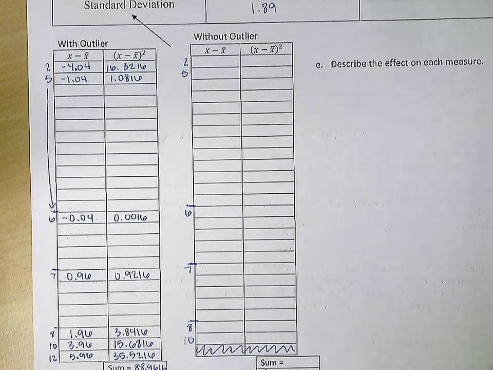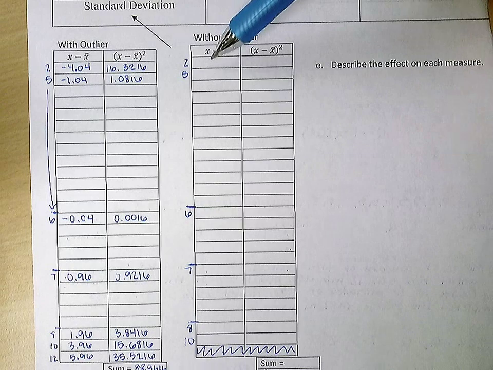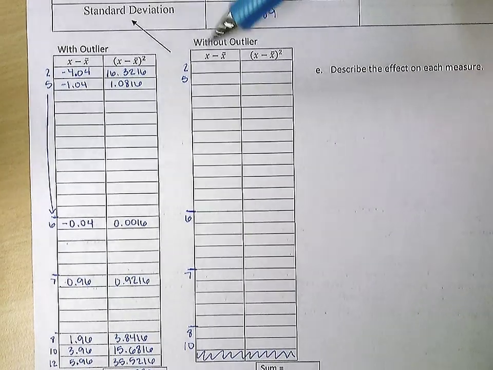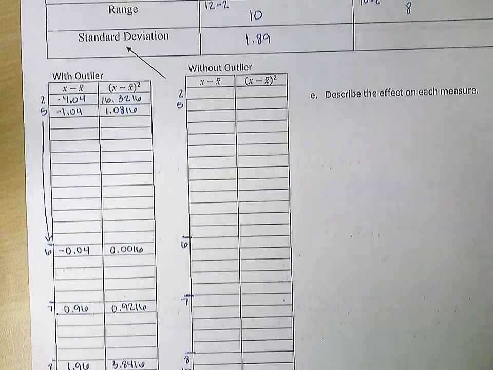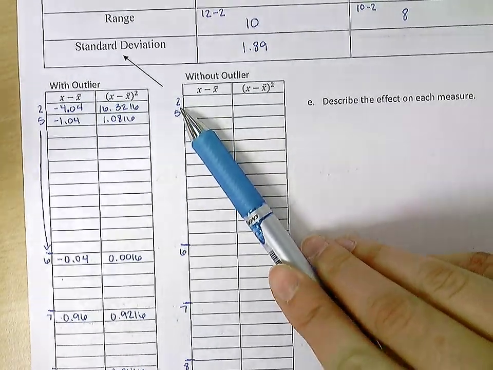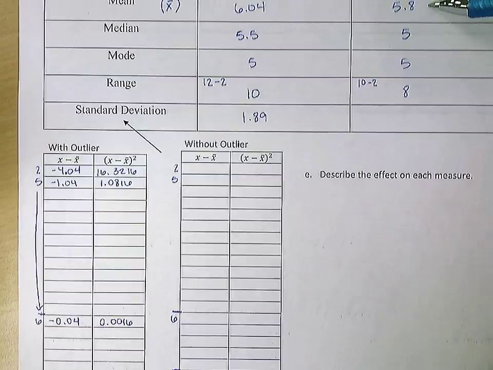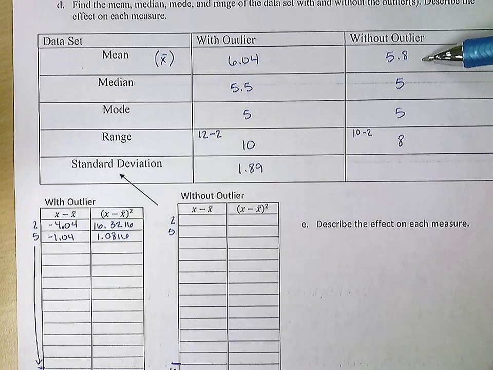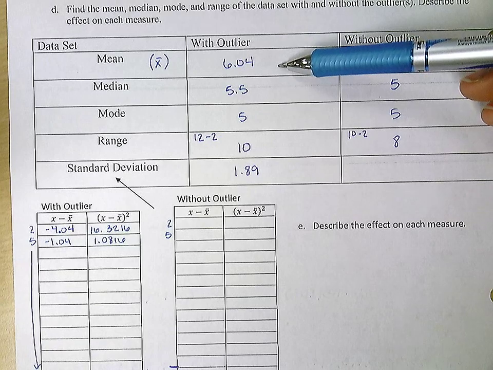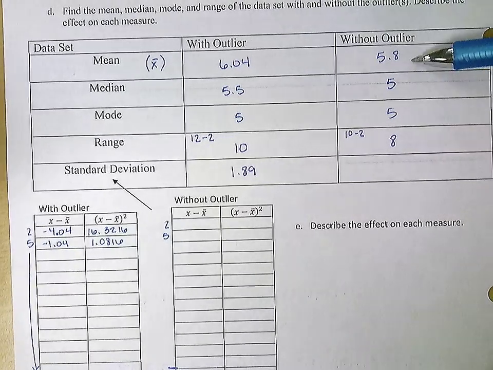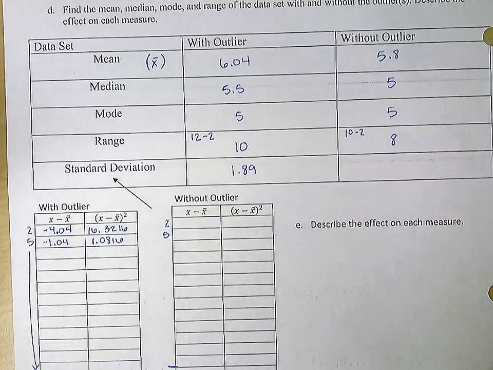With this one, since it's without the outlier, you're going to take your x, in this case 2, and subtract your mean, which we found to be 5.8 without the outlier. So you're not subtracting 6.04 this time, you're subtracting 5.8.